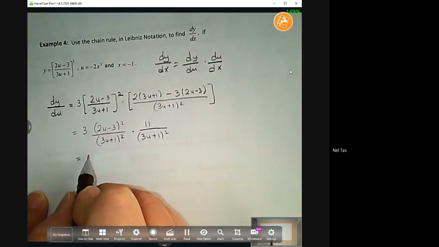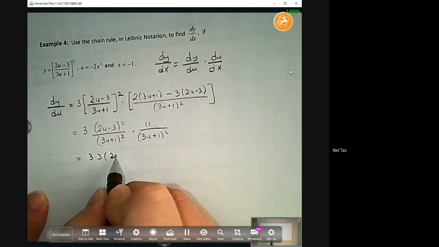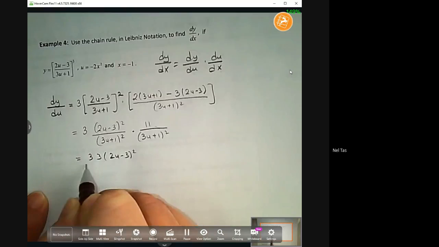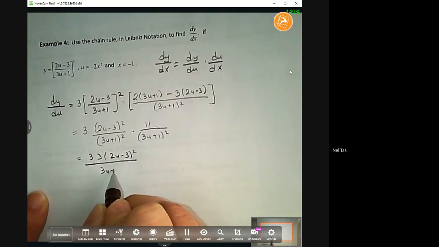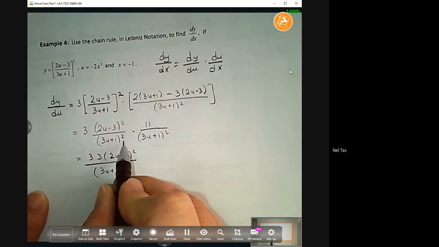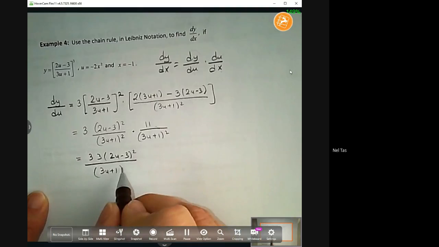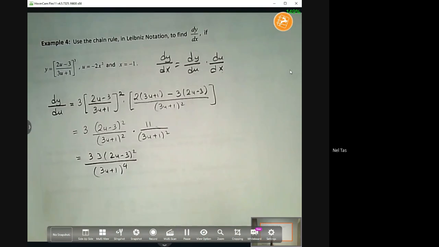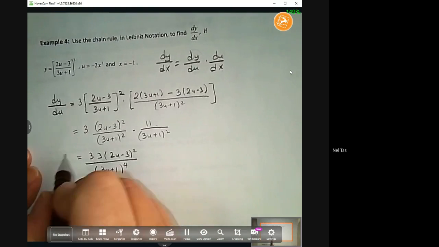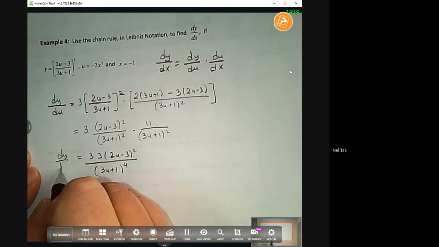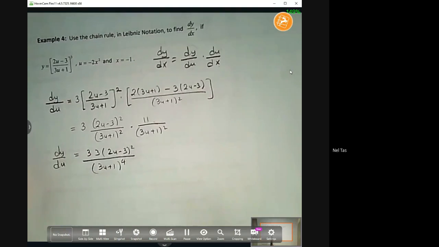So 3 times 11, 33. (2u minus 3) squared over (3u plus 1) to the power of, so add the exponents, 2 plus 2 gives you 4. This is now dy by du.